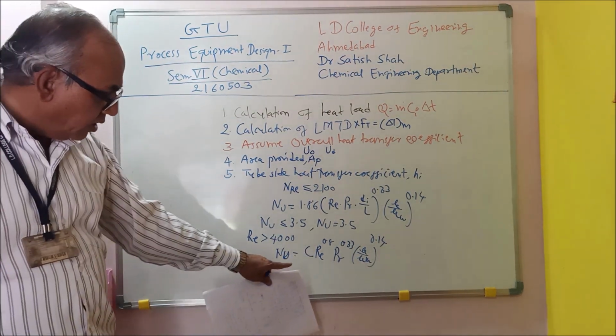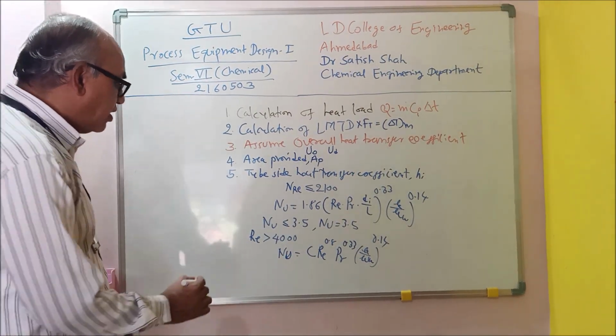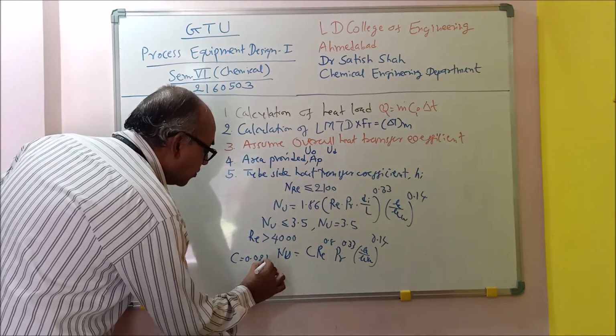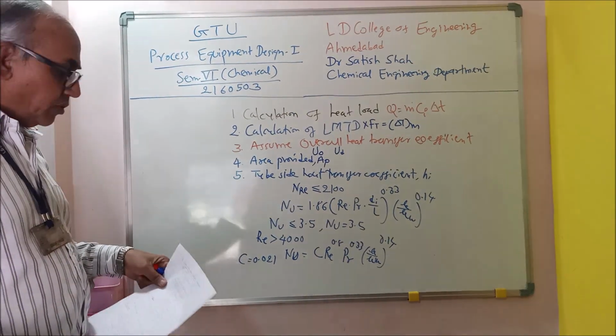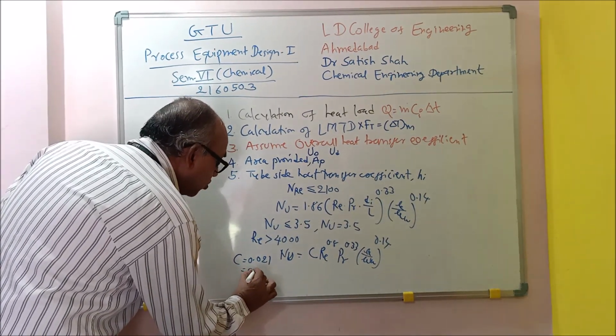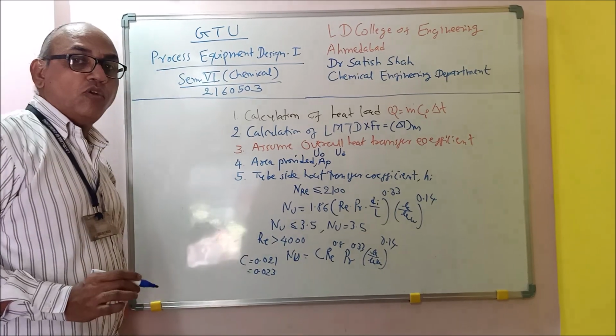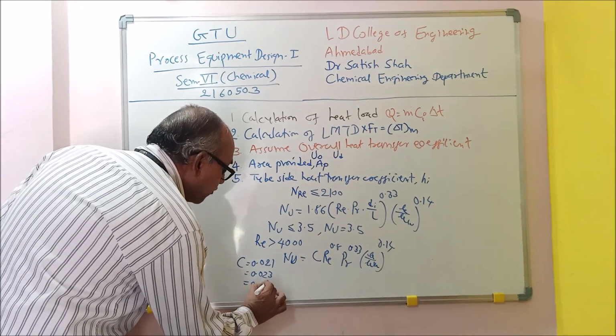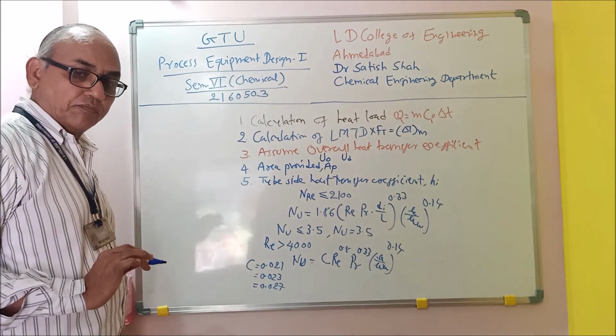See here we have the constant C. C is equal to 0.021. This is for gases. 0.023 for non-viscous fluid and 0.027 for viscous fluid.